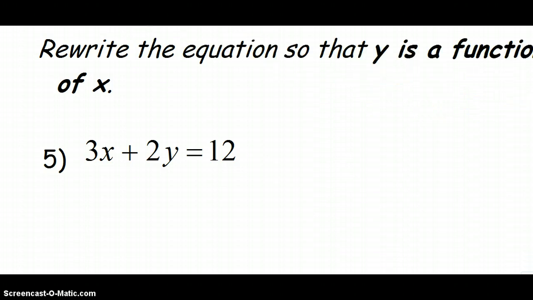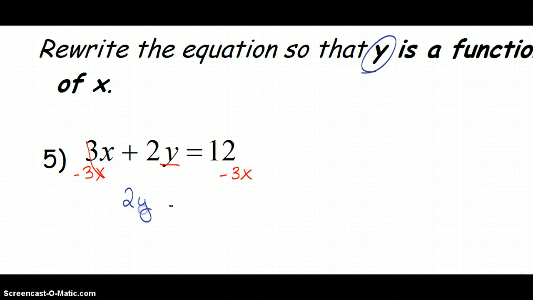Now the directions say to rewrite the equation so that y is a function of x. All that really means for me is, hey, solve for y. So I want to get y all by itself. Well, the first thing I have to do is move this 3x. This 3x is connected to 2y, in this case by addition. So I'm going to subtract 3x, because I have a positive 3x, from both sides.